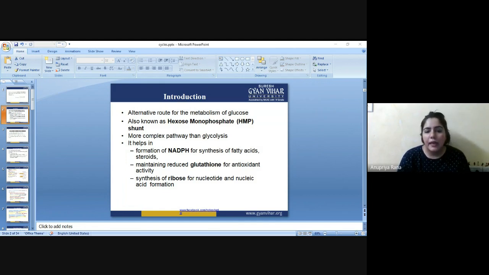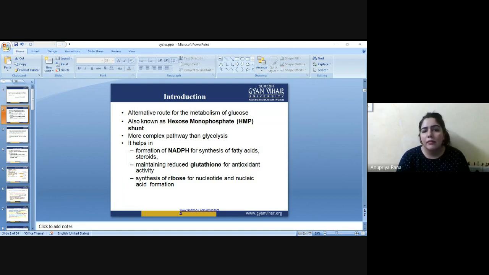That's why NADPH formation is very much needed inside our body, because if no NADPH is formed, then no fatty acid will be formed, and if no fatty acid is formed, then there will be no beta oxidation in mitochondria, and hence no ATP produced. So all these processes are very connected.